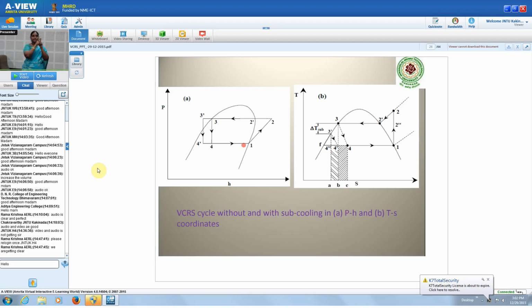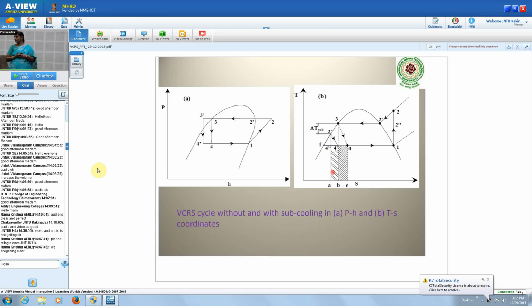Because the refrigerant is at a lower temperature, it can take more heat from the space to be cooled or refrigerated. So the refrigerating effect is H1 minus H4 dash instead of H1 minus H4. The refrigerating effect is increased by the area under 4 dash, the hatched area.